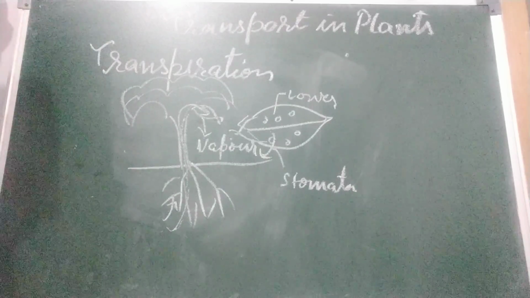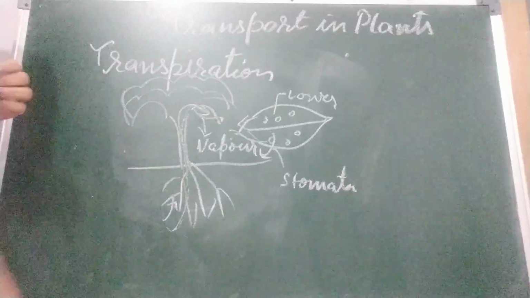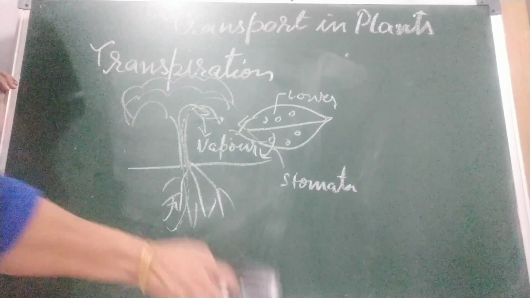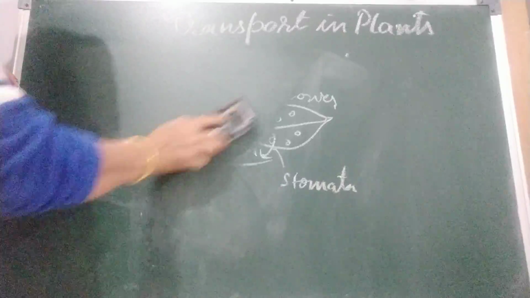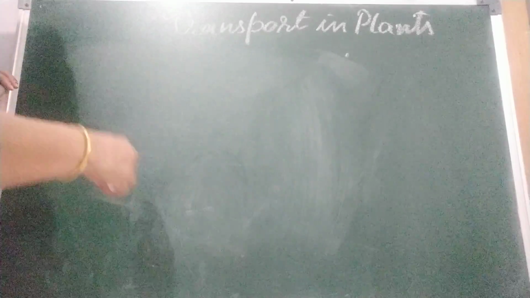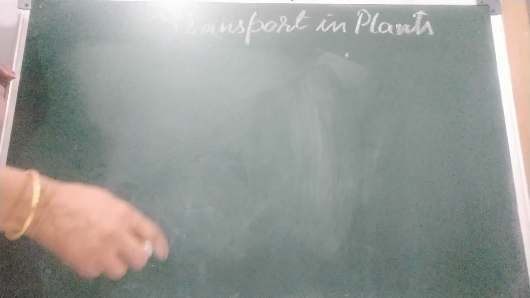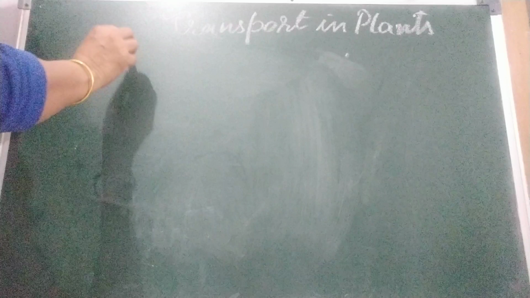Now the next thing we are going to discuss is the factors affecting the rate of transpiration. This transpiration, which we have just discussed, is water moving out from the stomata in the form of water vapor.